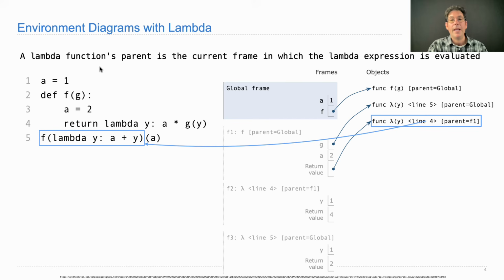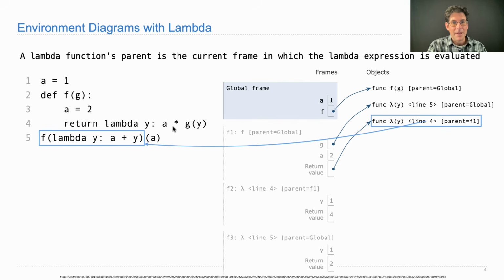It's 1, and we're ready to call this lambda function on 1, which we do here, creating a lambda frame with parent f1 for the lambda on line 4 with its formal parameter y bound to the argument 1. What does it do? Well, we have to go look up its body.